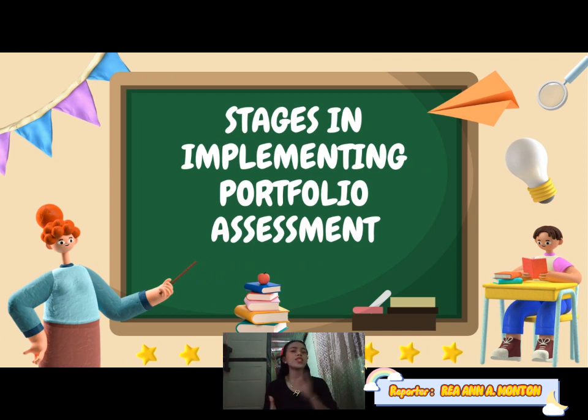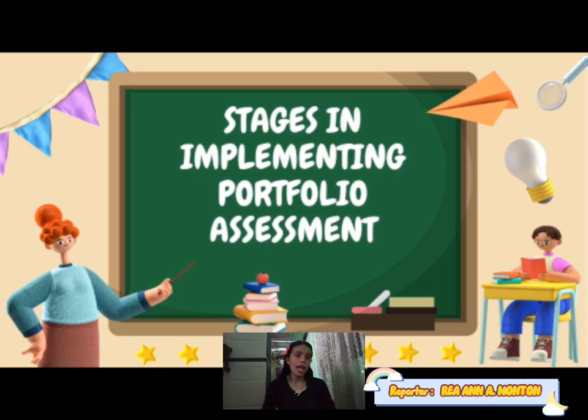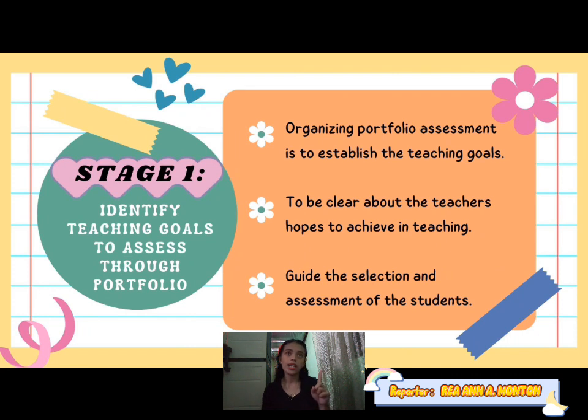So now we will discuss the stages of portfolio assessment implementation, which are separated into different categories. Okay, so first, stage 1: identify teaching goals to assess through portfolio. So what is this all about? In order to assess learners through the portfolio, you must first determine your instructional goals.